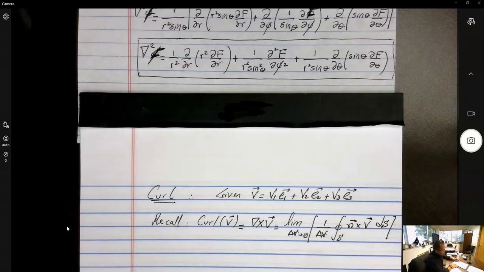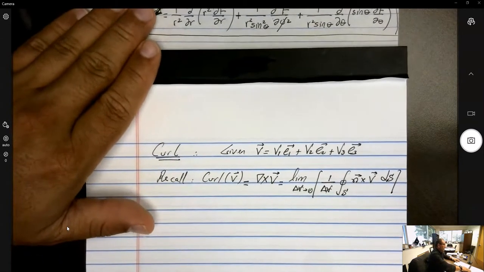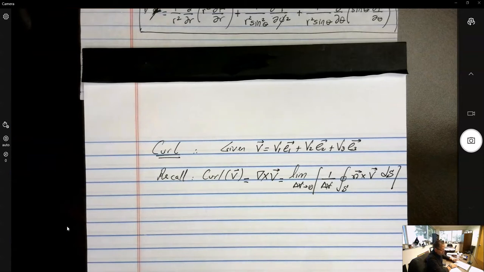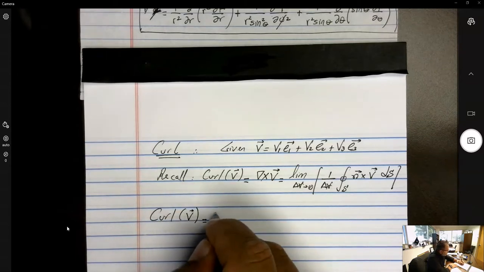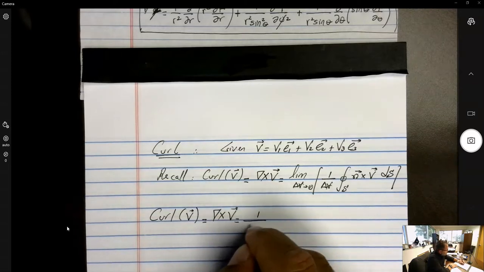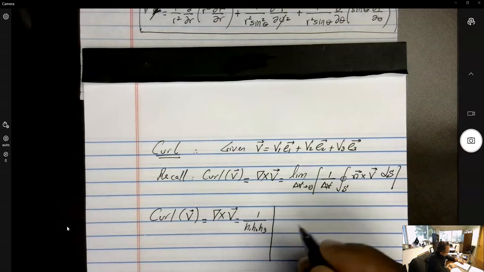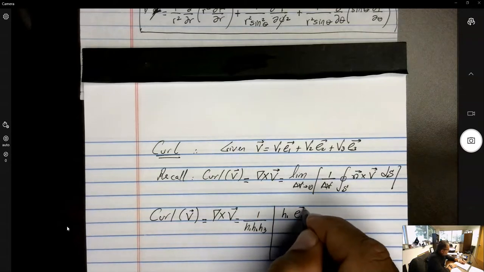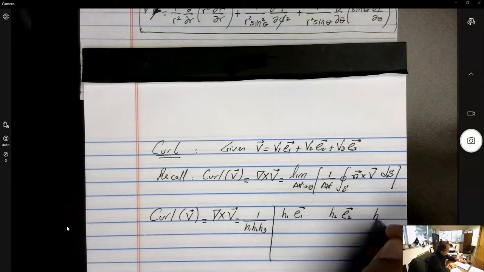All right. So if I give you this particular vector field in a specific curvilinear system that happens to be orthogonal, for which we have scale factors h1, h2, h3, then the curl of this vector field v, which we can write as del cross v, is equal to 1 over h1 h2 h3 times the determinant of this matrix here.